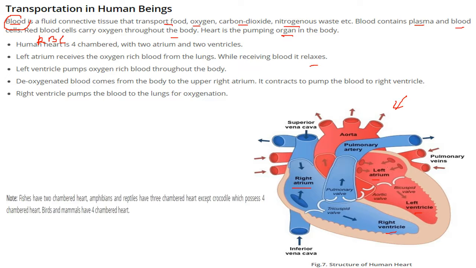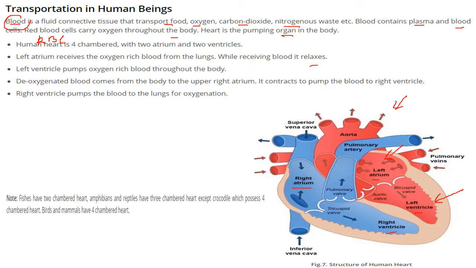So the left atrium receives the oxygen rich blood from the lungs. While it is receiving the blood, it is relaxing. Then we have the left ventricle. The left ventricle pumps oxygen rich blood throughout the body. This is the work of the left ventricle. Then the oxygen will be used in the body, so we have deoxygenated blood.